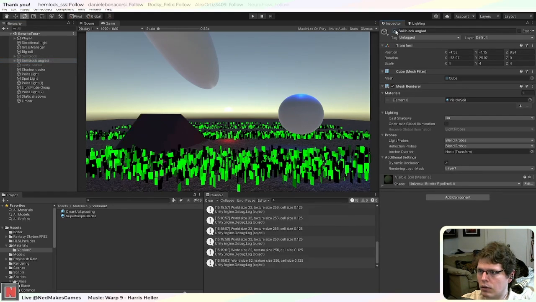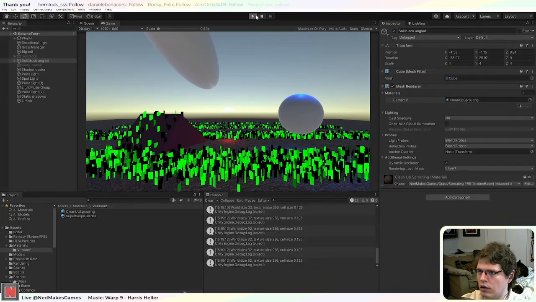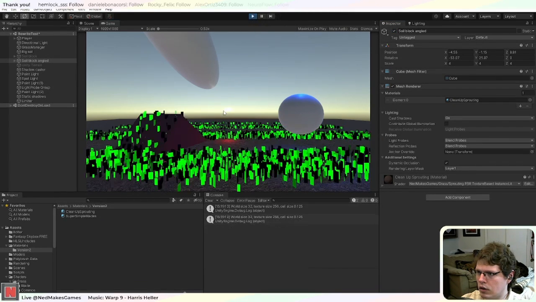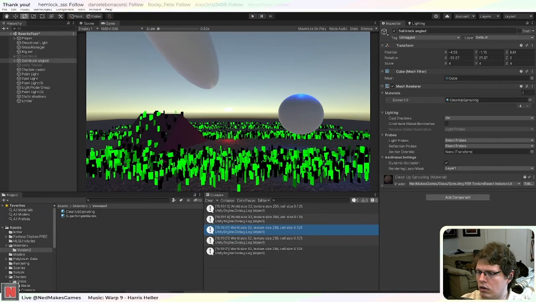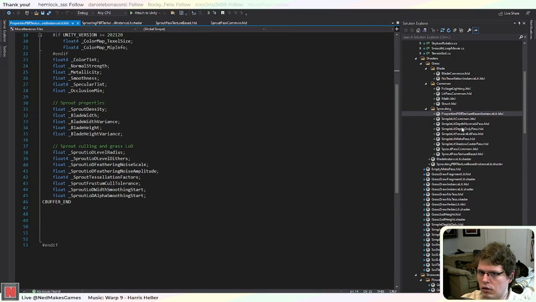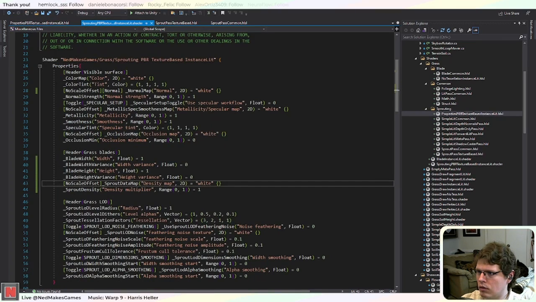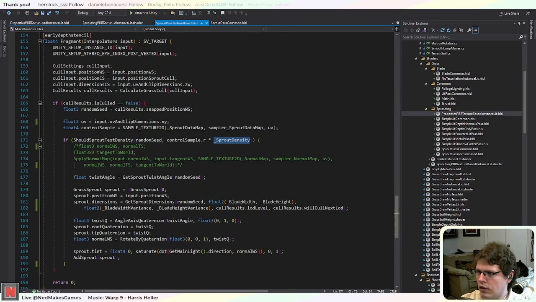Yeah, I want this one, which is angled, and I'm going to give it this same shader. So you can see if we press play now, the grass blades don't follow the normal of the terrain. So that's the next thing we need to try to figure out.